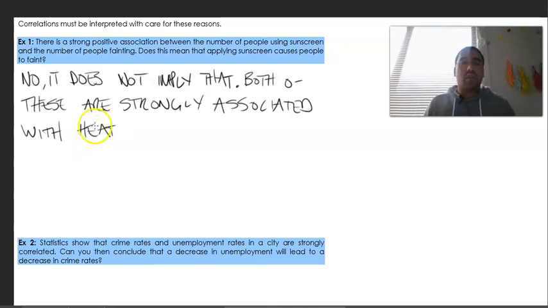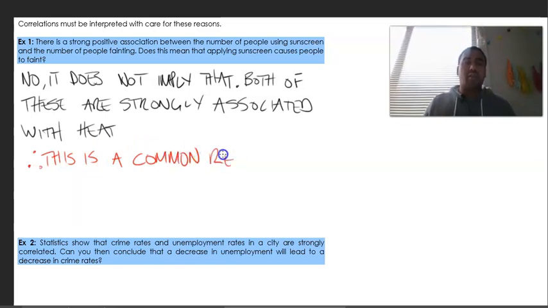So both of these are strongly associated with heat. Therefore, this is a common response, because the variables have a commonality in heat.